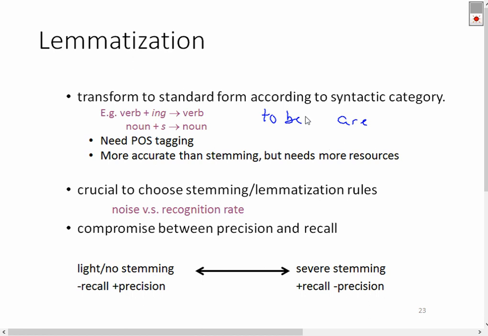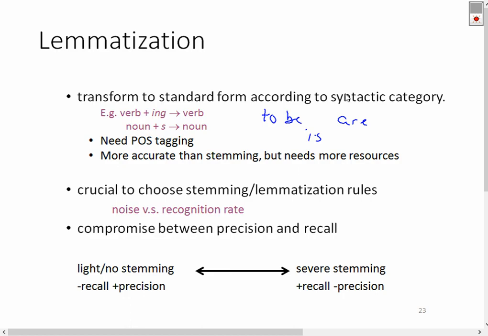Is, are, to be are the same essential word, just in past, present, future tense. And so what lemmatization is all about is trying to identify these and consolidate them down to a single root word.